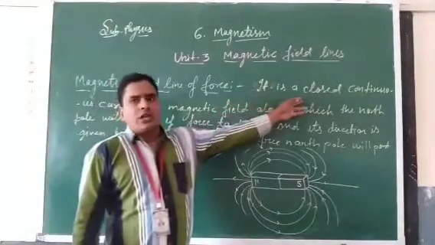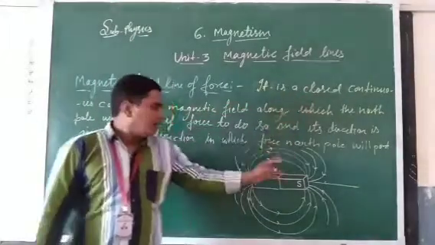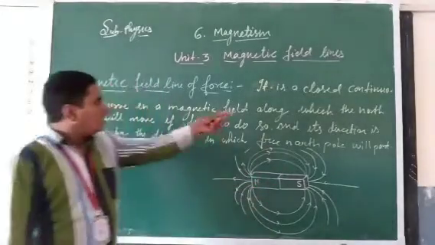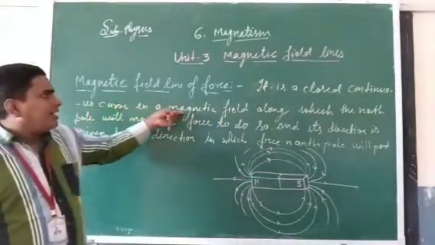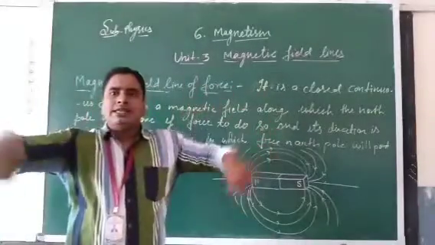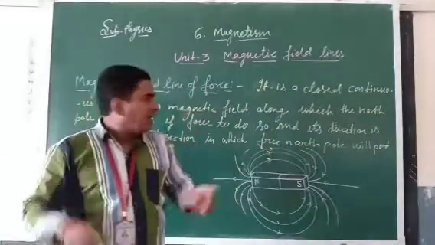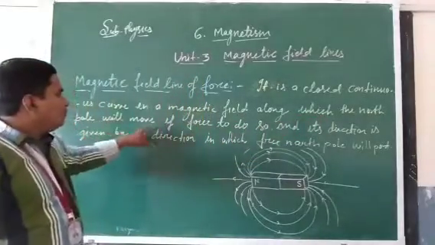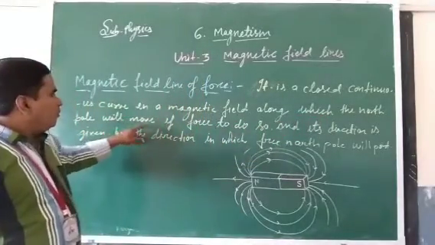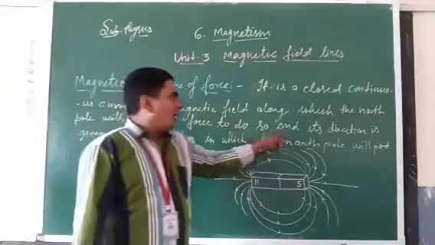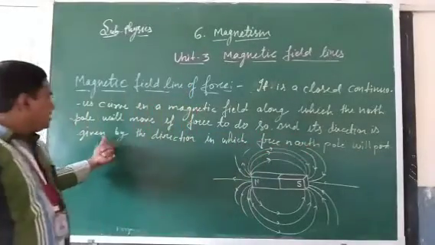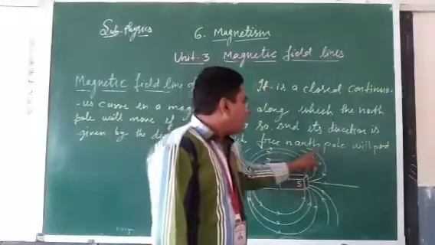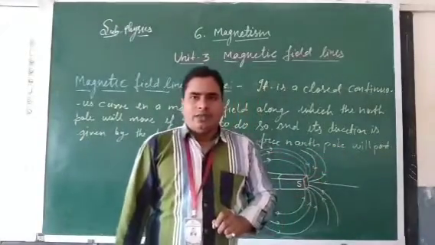Clear? So what are these magnetic field lines of force? It is a closed continuous curve. Here there is no break in this curve. A closed continuous curve in a magnetic field means the region, the space around a magnet, along which the north pole will move if free to do so, and its direction is given by the direction in which a free north pole will point.